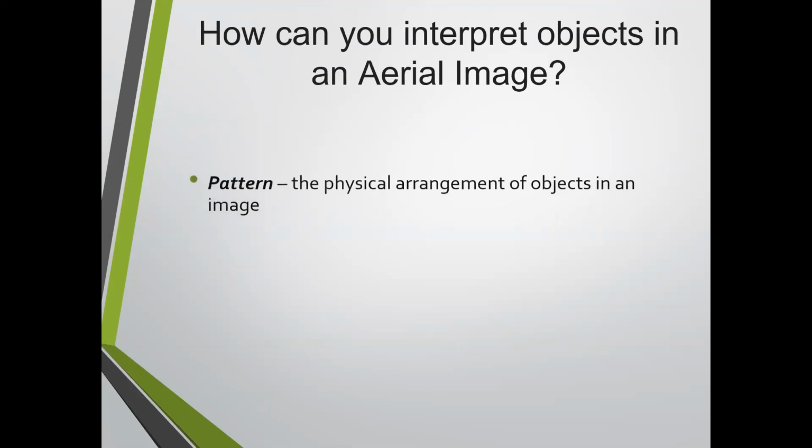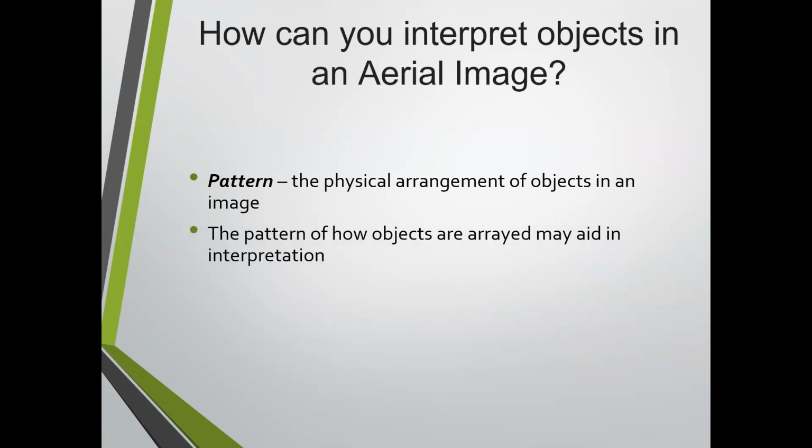Okay, so the first thing we would see is pattern. Pattern is the physical arrangement of the way certain objects are in an image as you're looking at it. So the pattern of objects and how they're arrayed is going to tell you a lot about what you're looking at. For instance, a series of cars parked uniformly in a lot could indicate a lot of things.